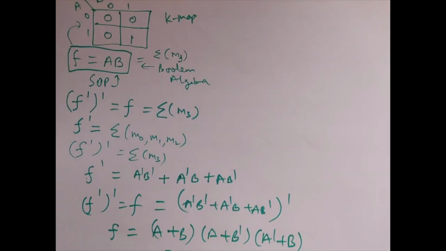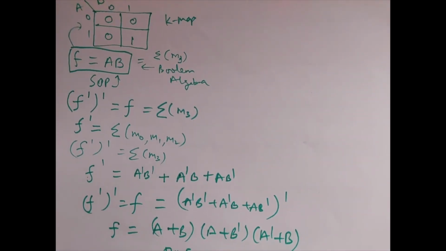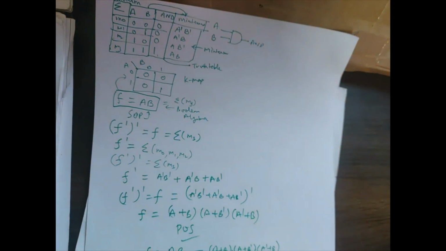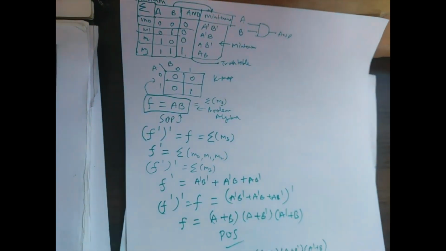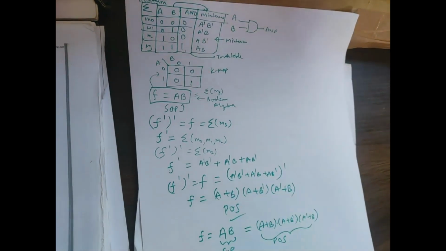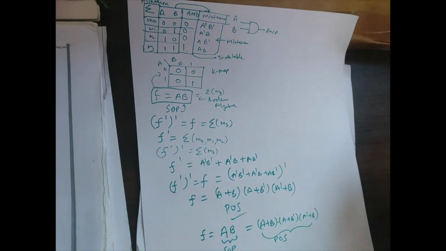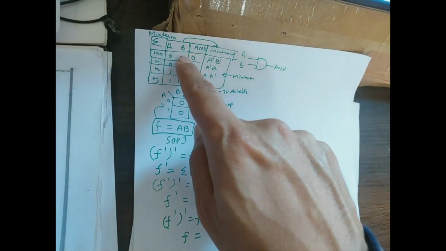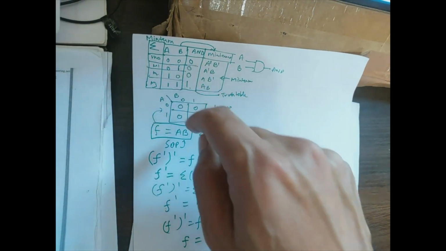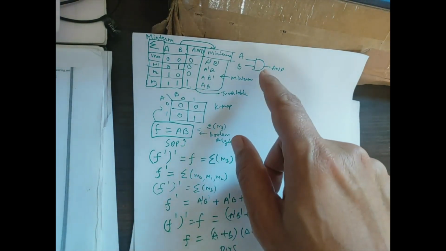You can repeat the same exercise for OR gate logic also, and get an understanding of what has been done. So a brief review will be that you have a truth table of the AND gate, write all the minterms. This is the AND gate.